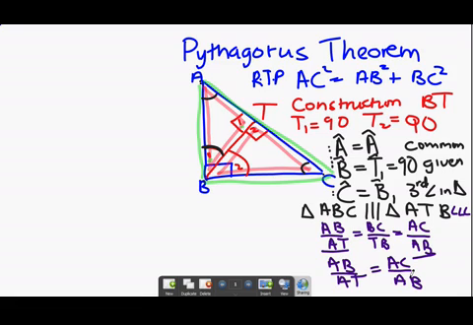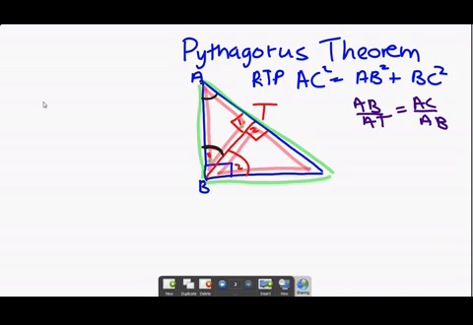Now, this will help us come up with the next step. When we look at our ratio, AB over AT is equal to AC over AB, if you play around with it, you will come up with AB squared is equal to AC multiplied by AT.